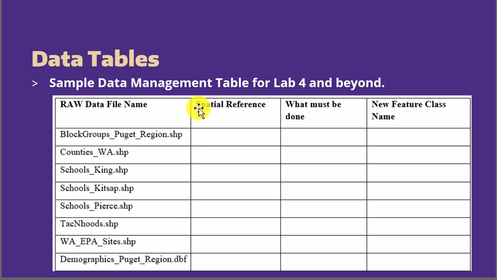That's the file name, the original spatial reference, and then what must be done to get it towards the desired coordinate system. That's based on A, what the original spatial reference is, and B, what your final projected coordinate system should be. This will vary from lab to lab, of course. And then what new name you're using for the feature class within your geodatabase. Remember, we're using geodatabases now.